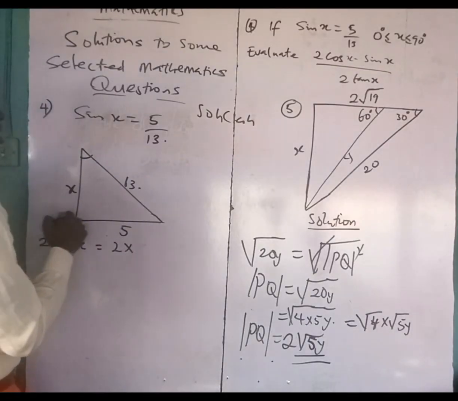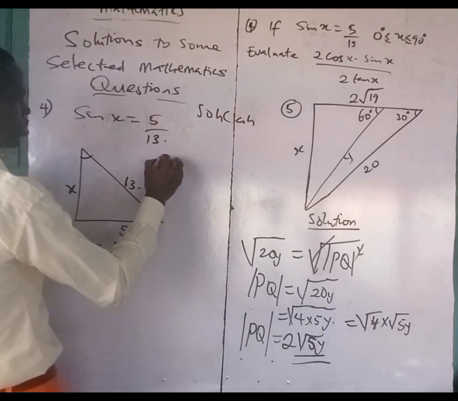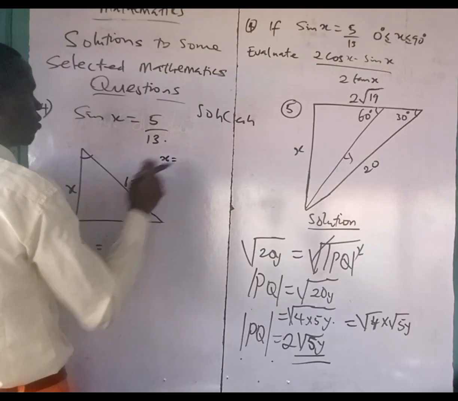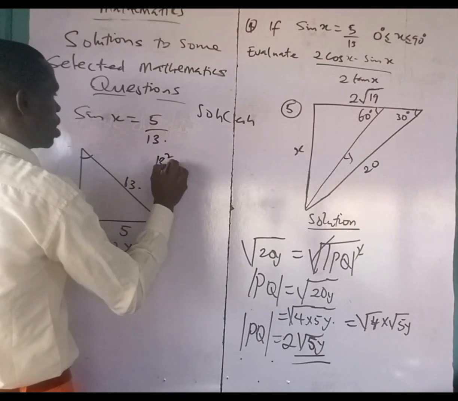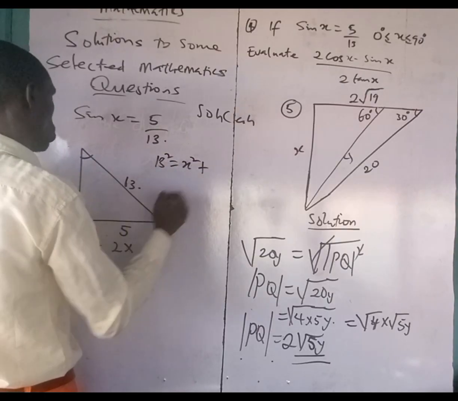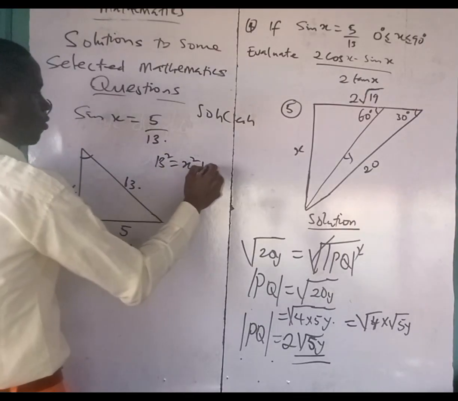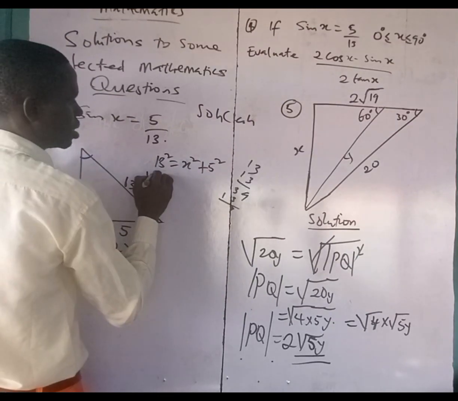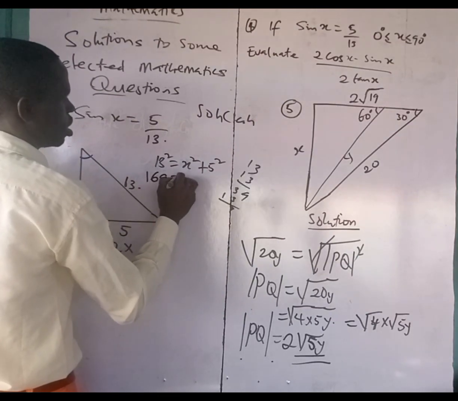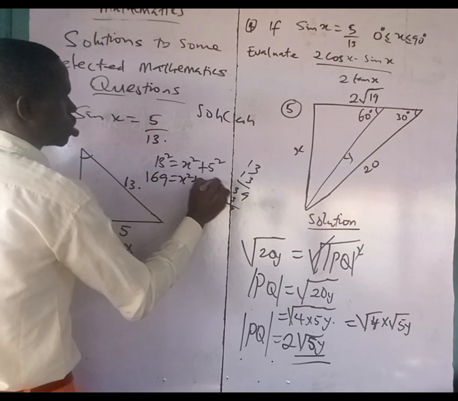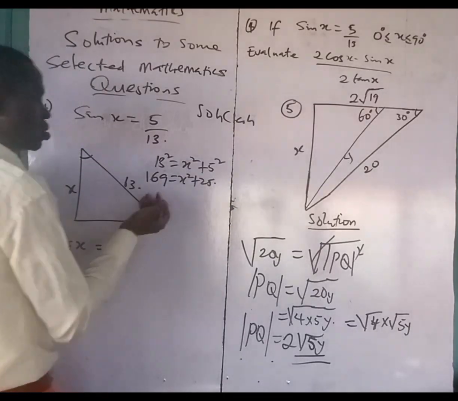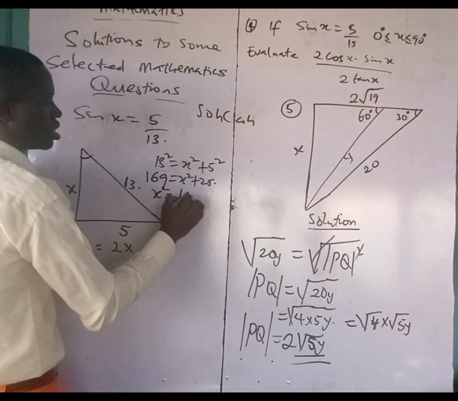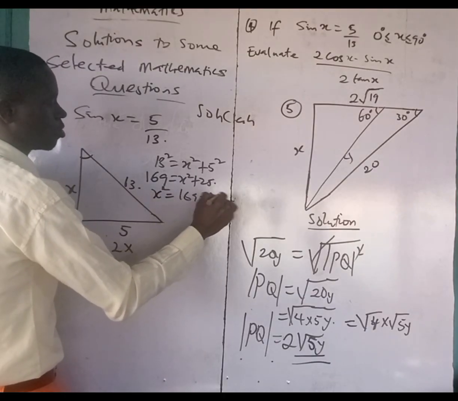Assuming this is x, 13 squared will give us x squared plus 5 squared. 169 gives x squared plus 25. So you collect the like terms. The x squared will give us 169 minus 25.